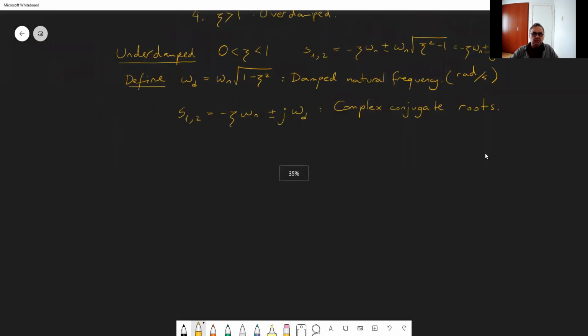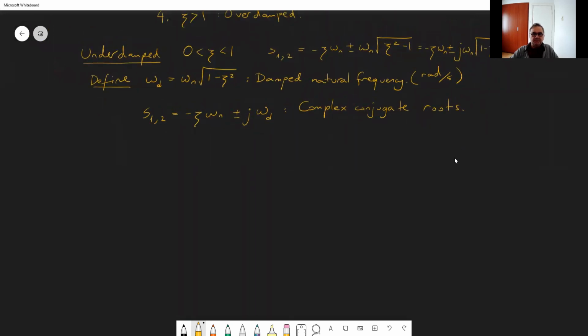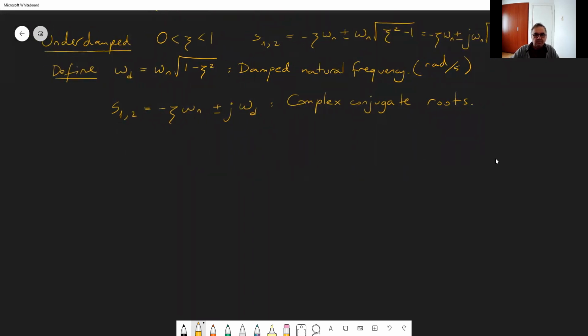Let's try to find the solution to this. Remember that our physical solution, x of t, was c1 e to the s1 t plus c2 e to the s2 t. C1 and C2 are constants.